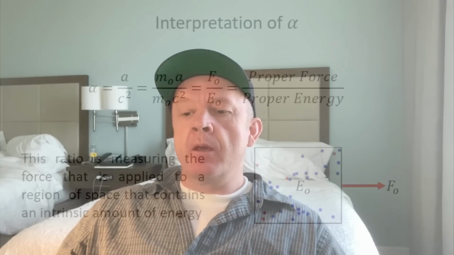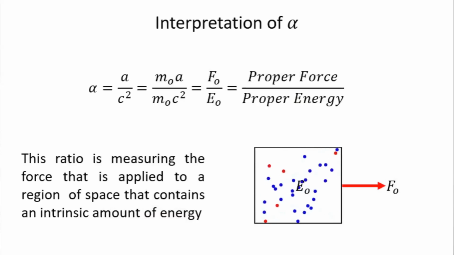So it may be that the cosmological constant isn't really a constant, but is a function of acceleration and the speed of light squared. One way to interpret alpha is to think about a region of space that has a bunch of particles in it. These particles have a net amount of energy, and when we apply a force to that area, we can take the ratio of the force to the proper energy, and that gives us our alpha term.